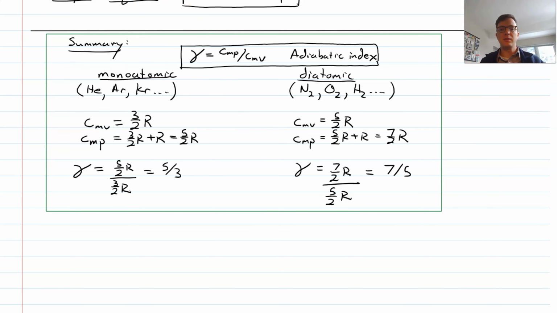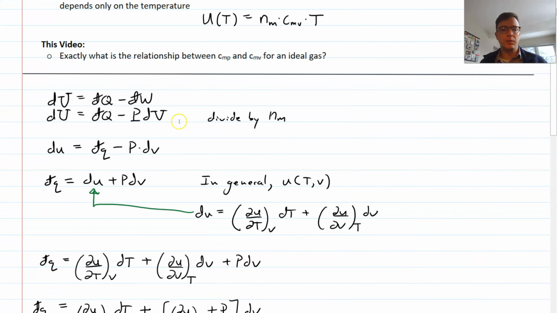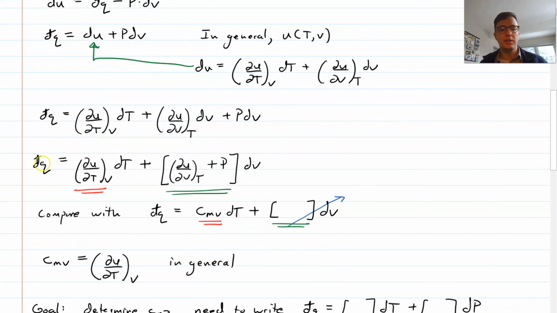Let me briefly summarize. In this pre-lecture video, we used a couple different things. We used the first law of thermodynamics. We used differentials for dU to write equations which look like dq is equal to something times dT plus something else times another state variable.